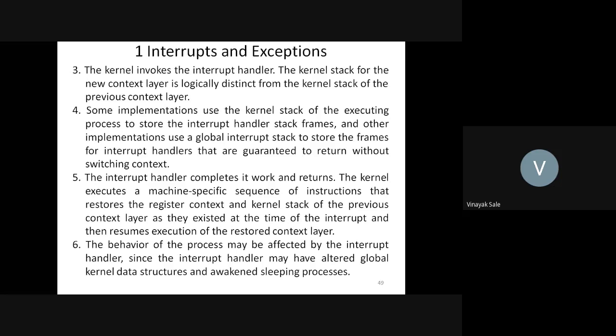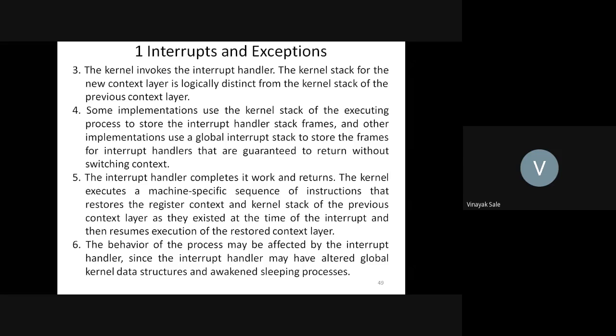The kernel stack for the new context layer is logically different from the kernel stack of the previous context layer. So where is the top of that stack? That is the kernel top of stack of the new context layer, which is logically different from the kernel top of stack of the previous context layer.